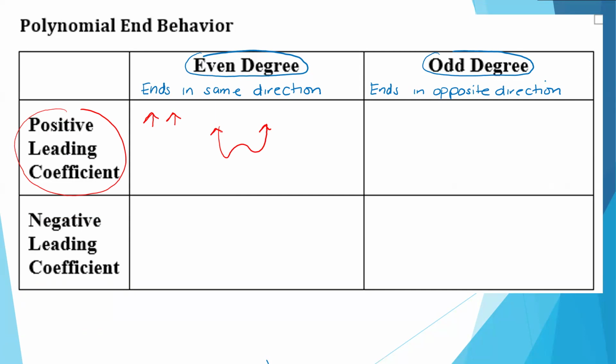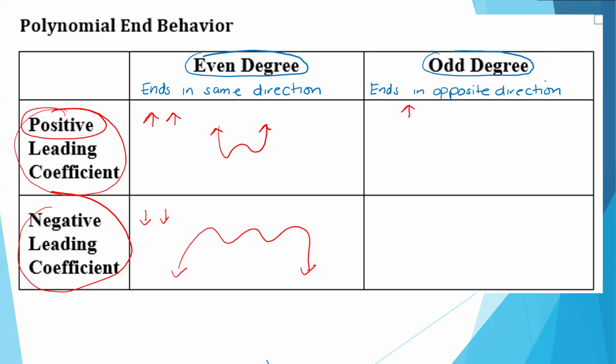Okay. Even degree with a negative coefficient means it's going what? Down, down. Odd degree and a positive leading coefficient. When you look at positive, that's where you want to end up. That's what you're trending towards. So it's positive, I'm trending up.